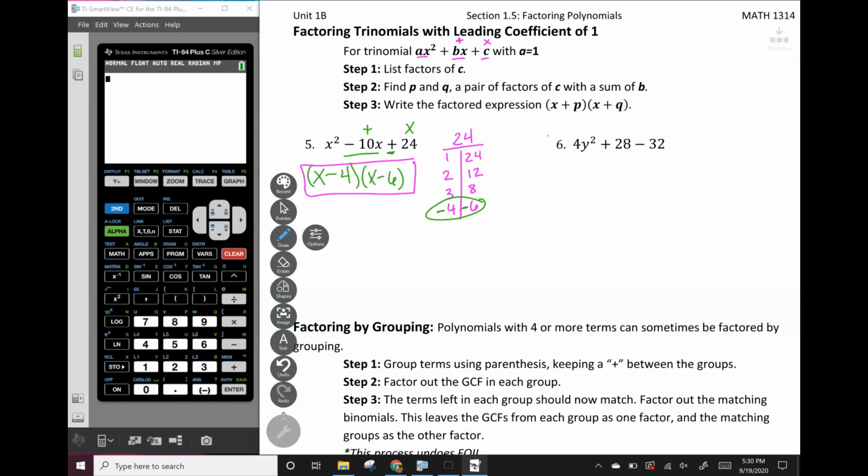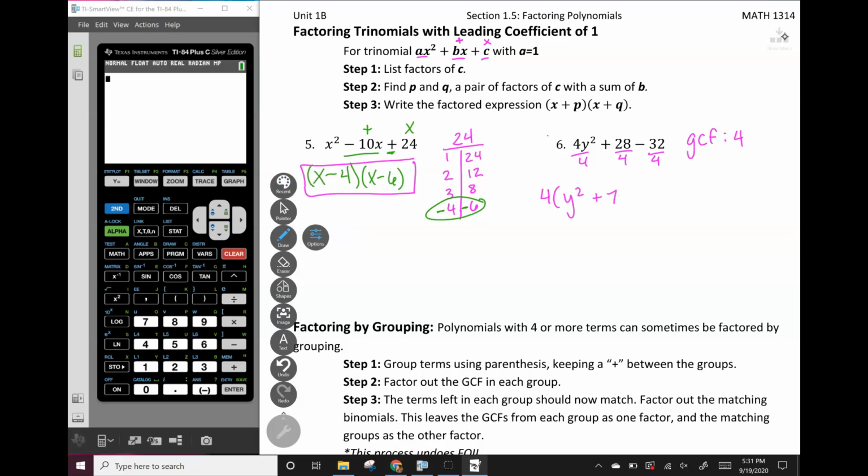You may be saying, oh my gosh, on number 6, we don't have a leading coefficient of 1. That is terrible. What are we going to do? But remember, step 1 of factoring is always to take out that GCF. So since the GCF here is 4, we're going to do that first, and then it will have a leading coefficient of 1. So the GCF is 4, take out the 4, write it in the front. Oh, that is supposed to have an x there.